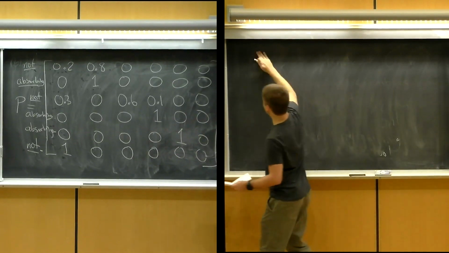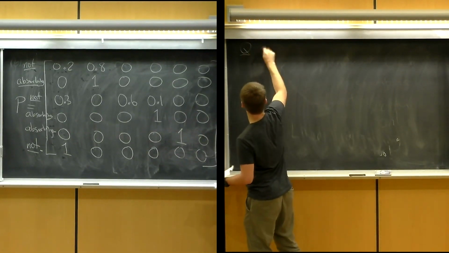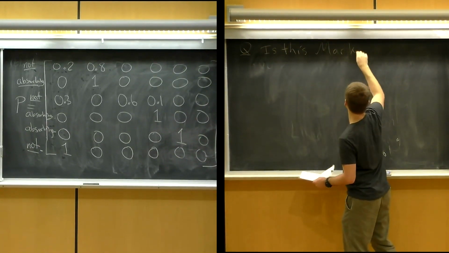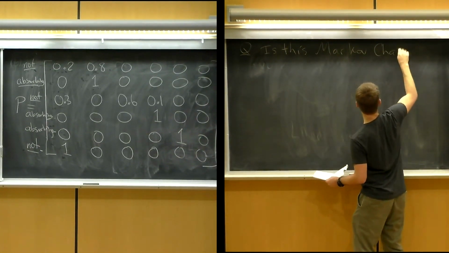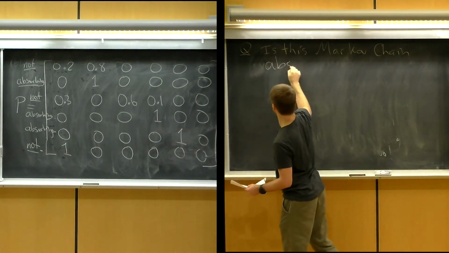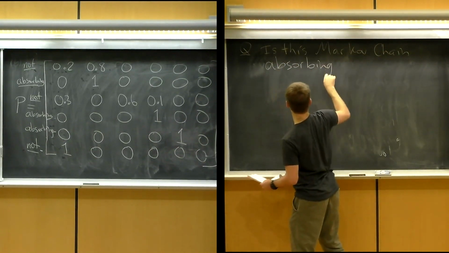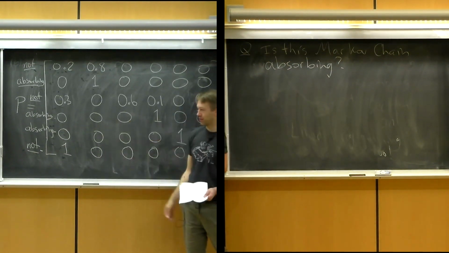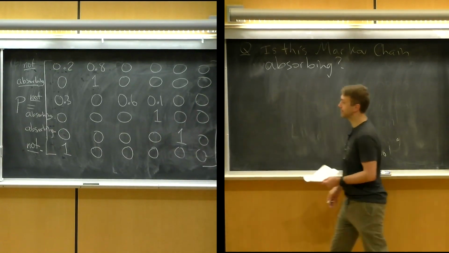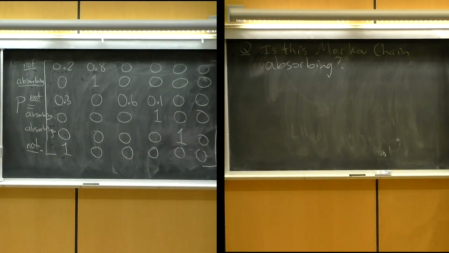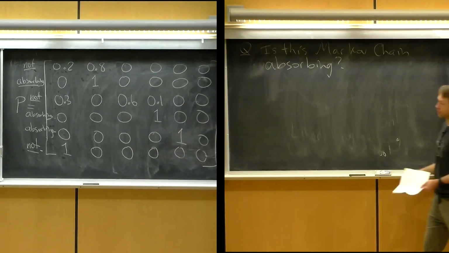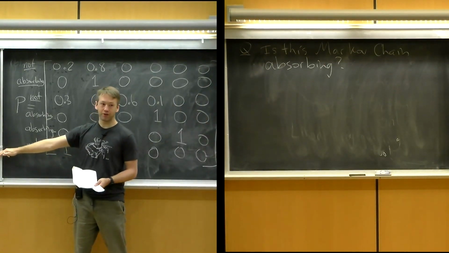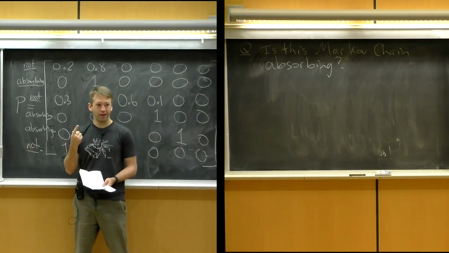However, now a question could be, is this Markov chain absorbing? What I mean is a Markov chain with this transition matrix. So we look at our criteria. It definitely satisfies the first criterion: there's at least one absorbing state.